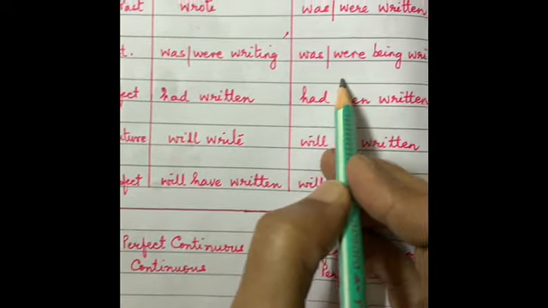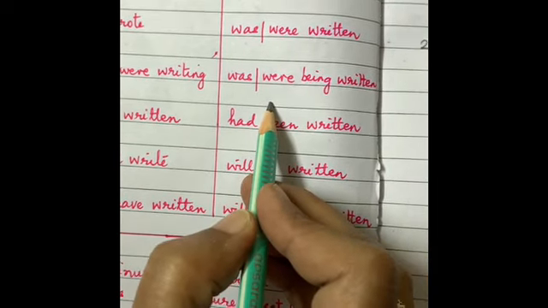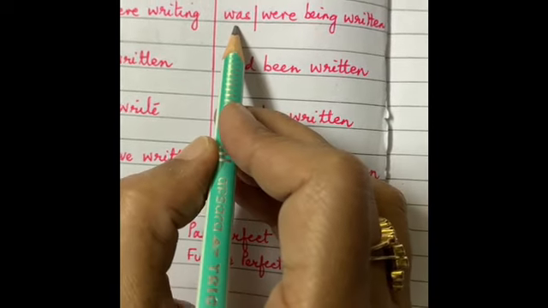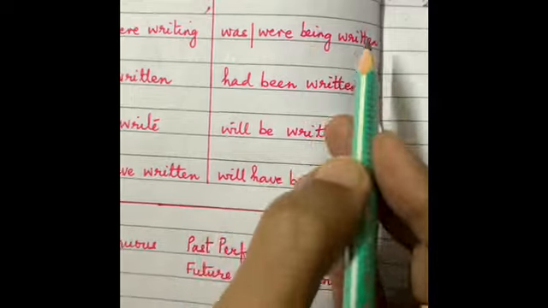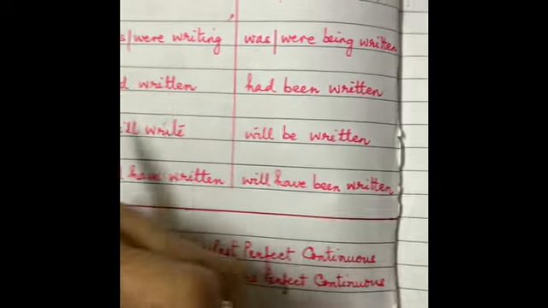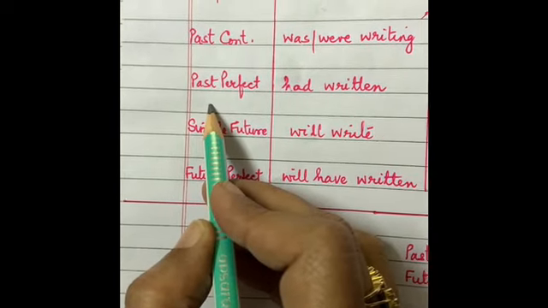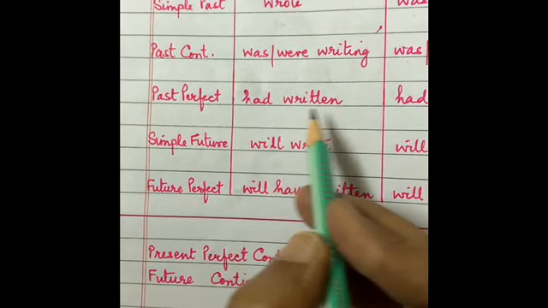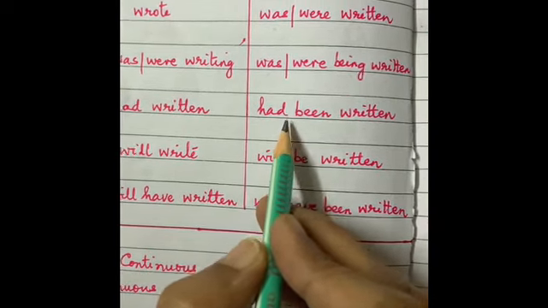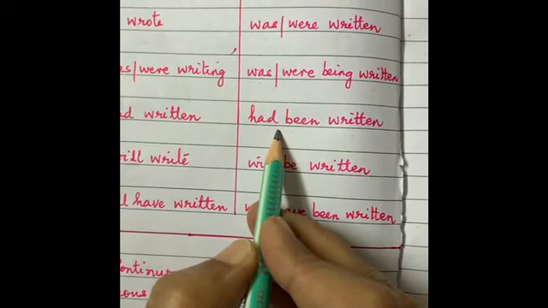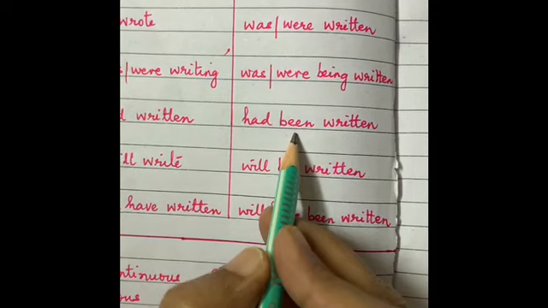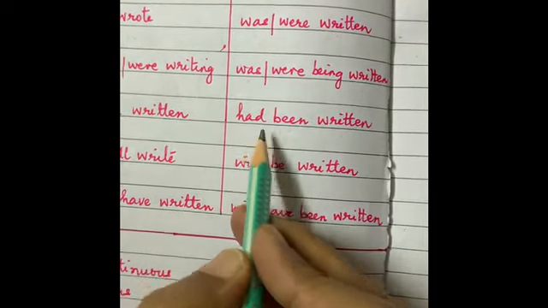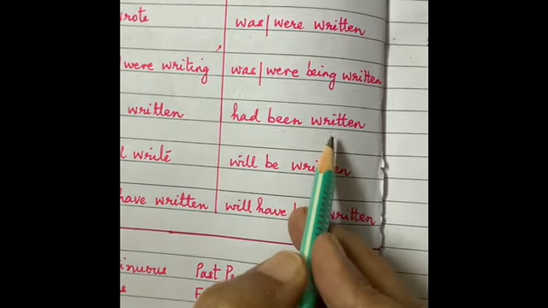While in passive voice we add being as a helping verb with was or were and written. Now for past perfect tense we use had written. In passive voice, we use the helping verb been after had, and then comes written, verb 3.